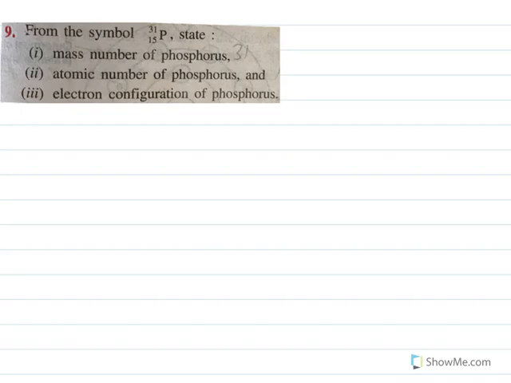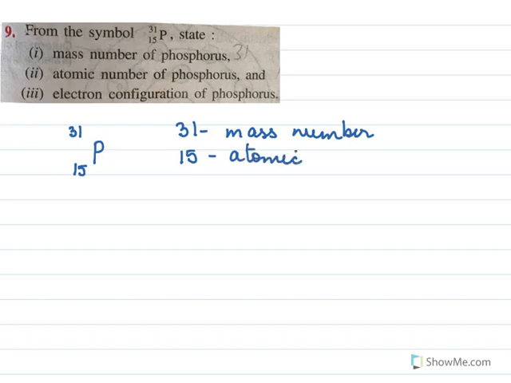From the symbol, we have the symbol P, 31 and 15. So the 31 is mass number, and the 15 is atomic number. Now we know the mass number is equal to protons plus neutrons.